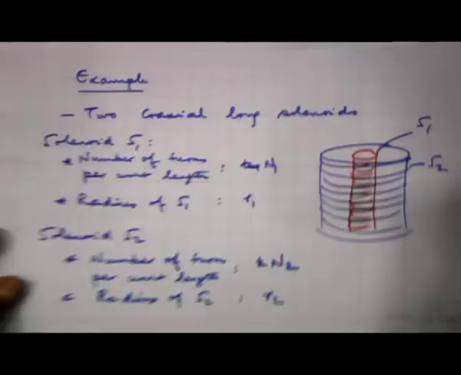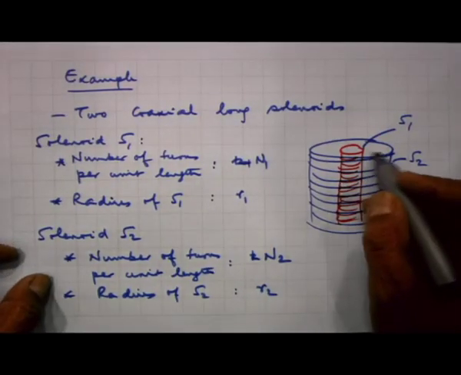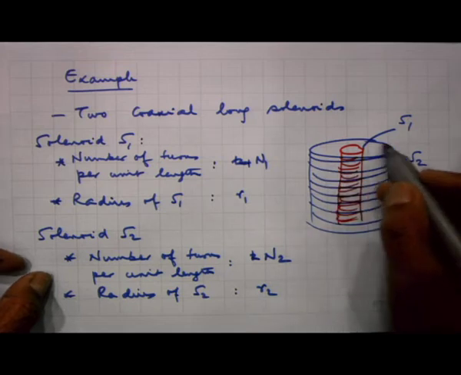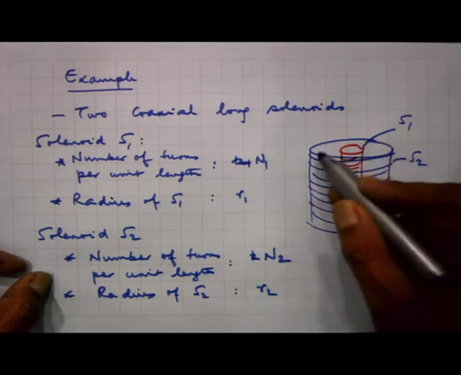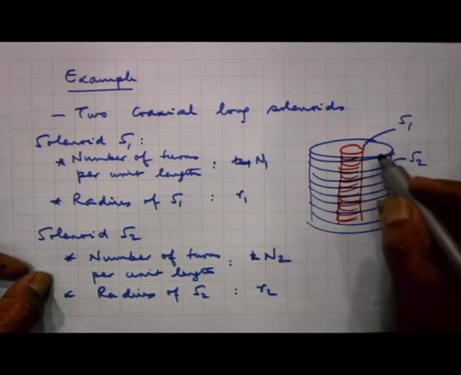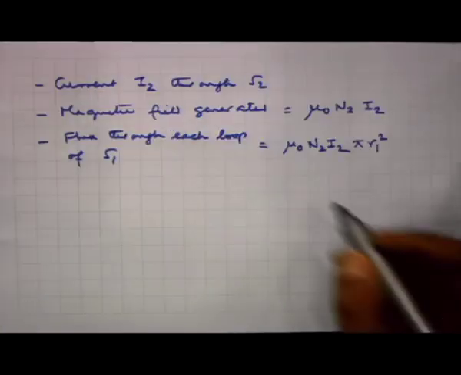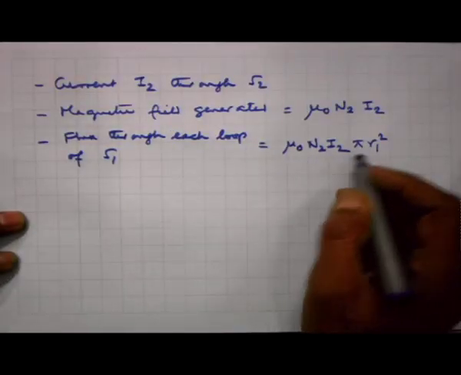The magnetic field lies inside and outside S1. When I pass a current I2 through S2, there is a magnetic field generated within the entire solenoid S2, but the flux that is linked by S1 is only in this area. So, that is equal to the magnetic field into area.